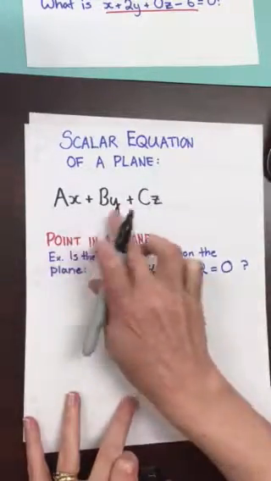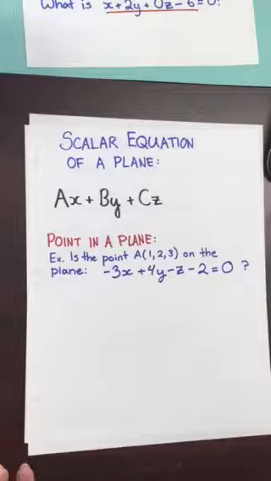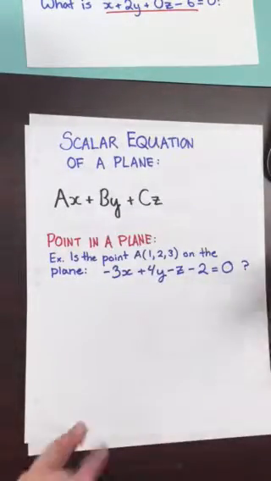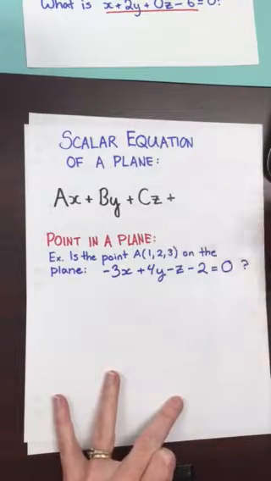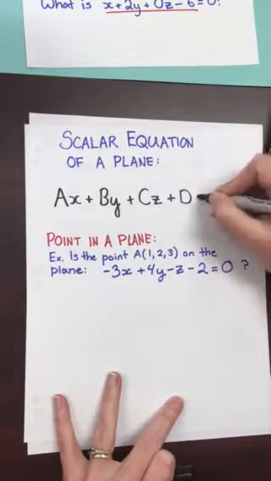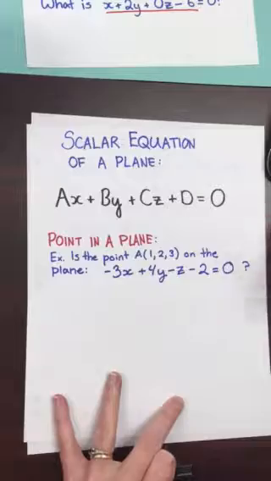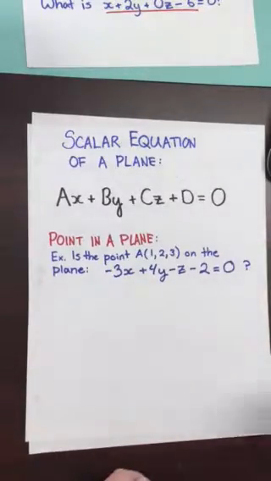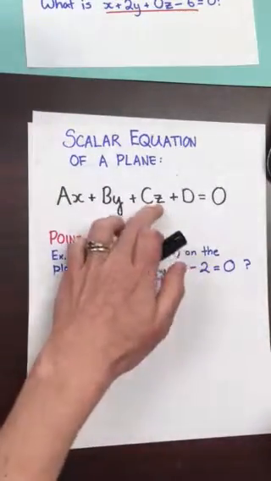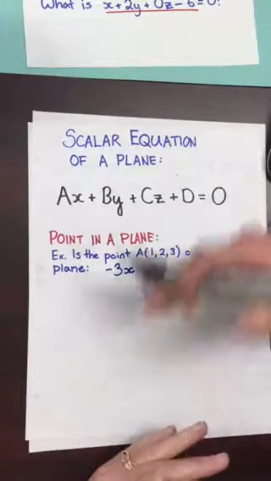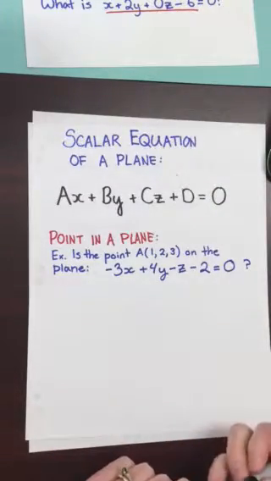So it's crucial to have a three-dimensional plane. You can't talk about a plane in 2D. There's just nothing there. You need to have 3 dimensions to have a plane. And just like a line, it's got a constant d at the end. And that all adds up to 0. So it looks very much like our scalar equation of a line, but it's in 3 dimensions. It's like taking a line, spreading it out over the 3rd dimension.